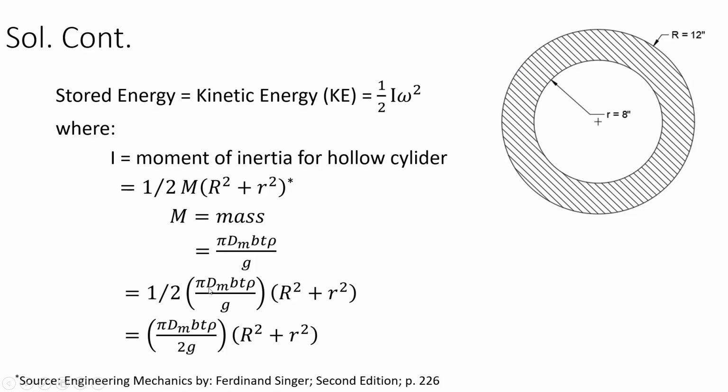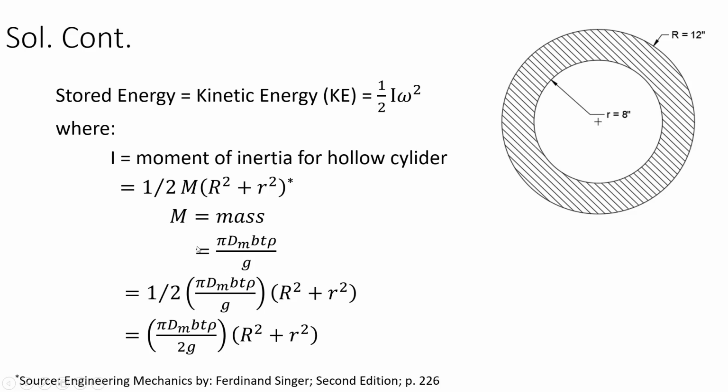We multiply it by pi to get the perimeter, then times b, the width of the rim, and then times t, the depth of the rim, and then times the density.